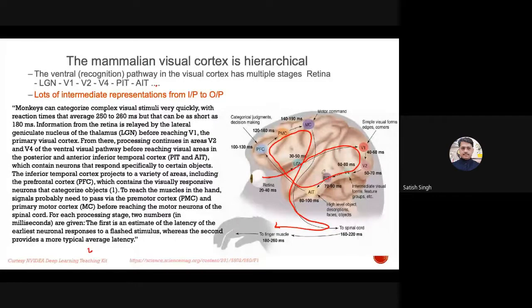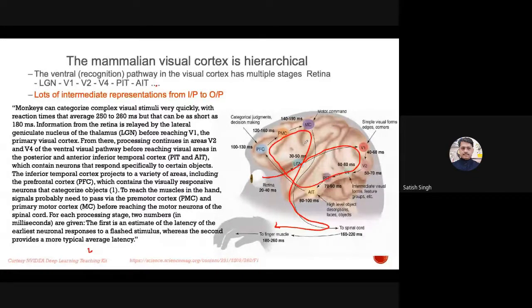And various parts of the brain are responsible for various types of features, basically. So that's why in the mammal brain, feature hierarchy is present. That's why these are somehow related to deep learning models.